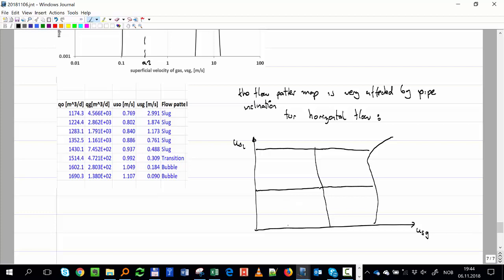Very low velocities of gas, very low velocities of liquid. The pipe is horizontal. What do you get? Very slowly, they are going to be completely separated. So you get gas flowing at the top and liquid flowing at the bottom, and that you don't get in a vertical pipe. That's called stratified flow.